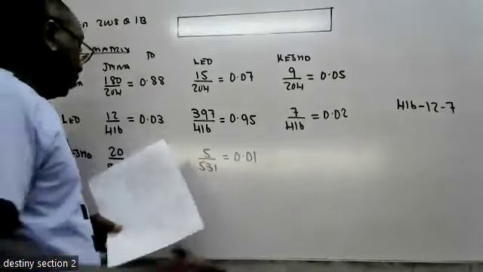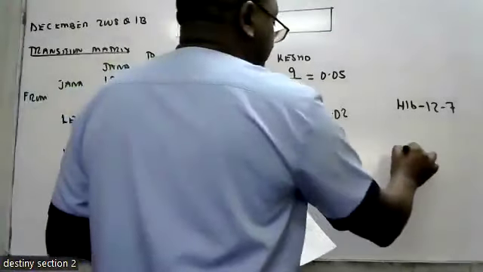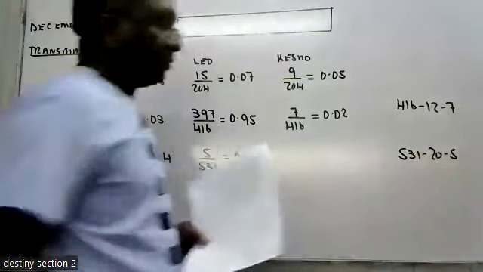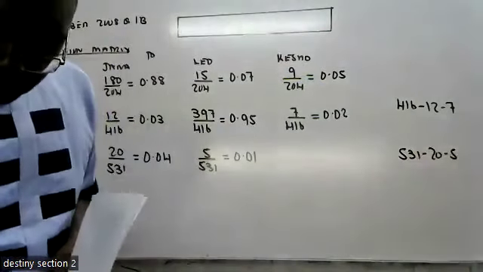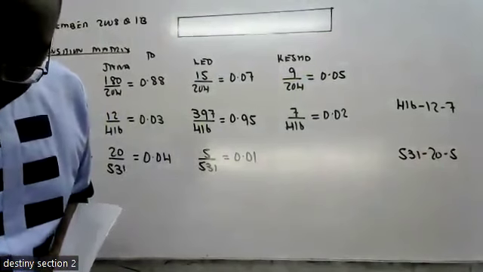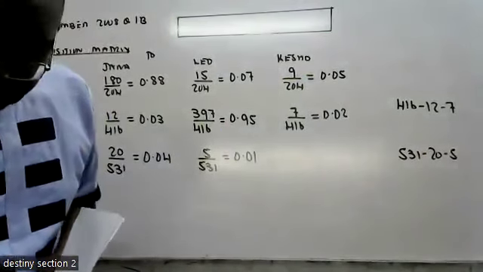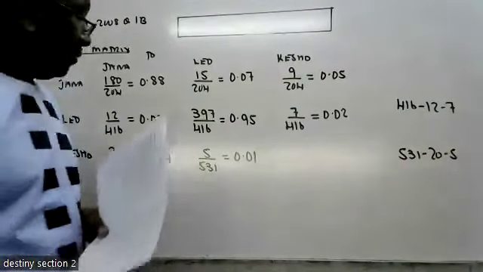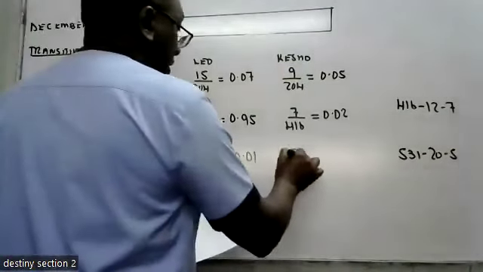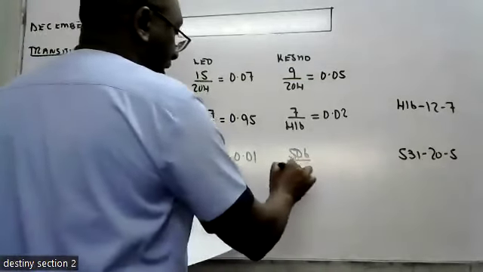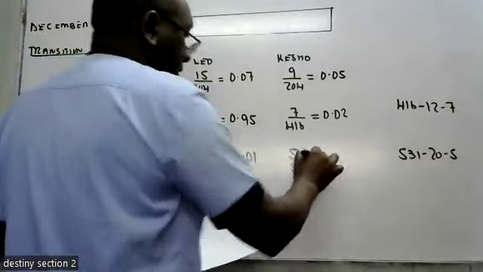And therefore the retention should be 531 minus 20 minus 5. 531 minus 20 minus 5 is 506. So 506, you divide by 531.